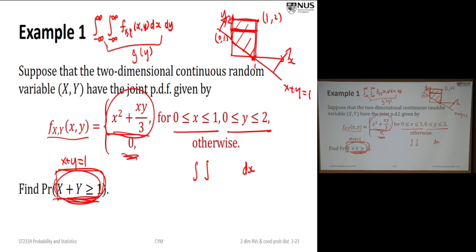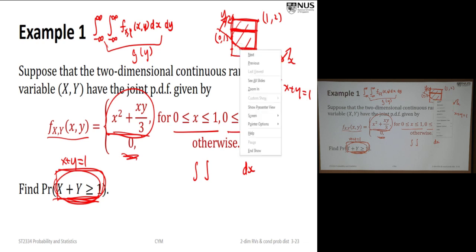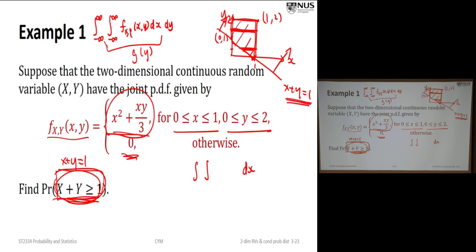But how about if y is here? Then you integrate from this point to this point. So what is the value of x at this point? You can learn from this equation: x equals 1 minus y for given y.